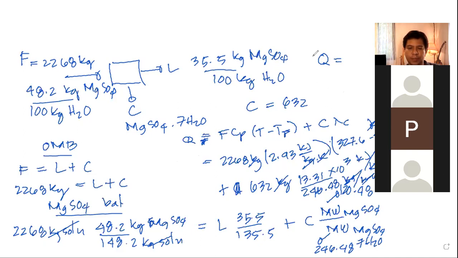That's the molar mass of magnesium sulfate heptahydrate. So you're supposed to get something like 2.63 times 10 to the 6. Kilojoules. Yeah, meron bang nakasagot? Tama ba to? Tama yan. 2.63 times 10 to the 6.